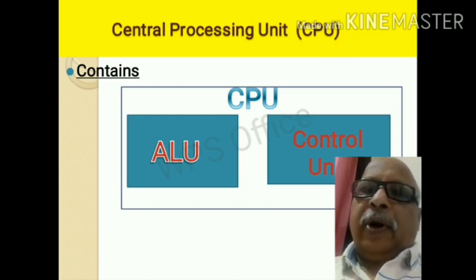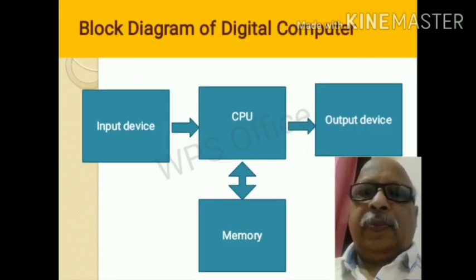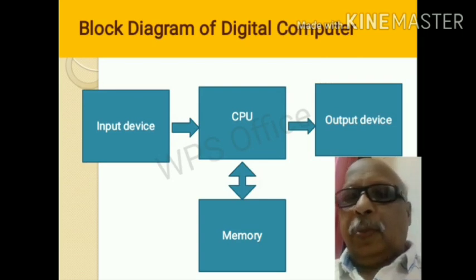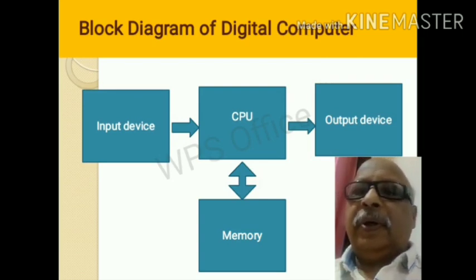This is the main part of the computer, and the microprocessor is nothing but this CPU. So the block diagram of a digital computer is the CPU, and to the CPU we connect the input devices, output devices and memory, and that becomes the complete computer.